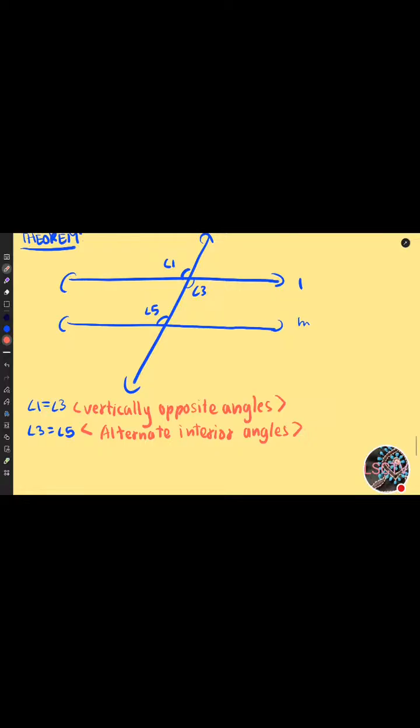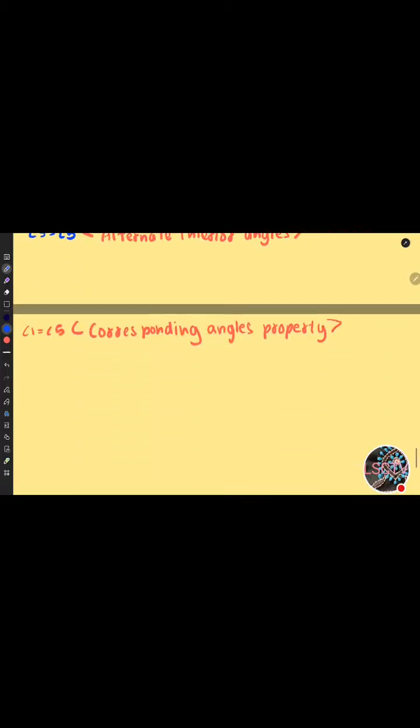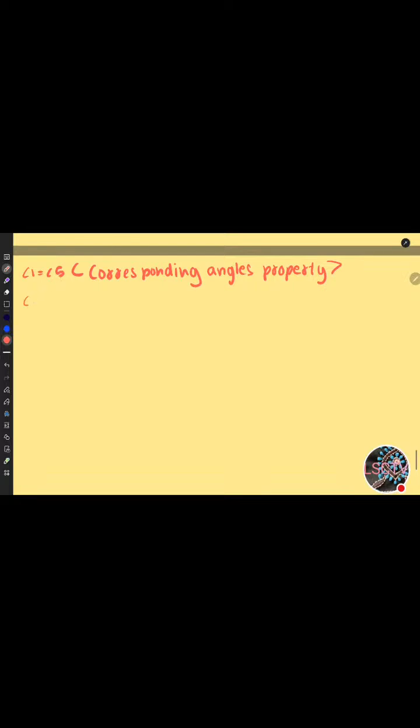Now, similarly, angle 5 is equal to angle 7. Now again, angle 3 is also equal to angle 7. See, angle 5 is equal to angle 7 by vertically opposite angles property.